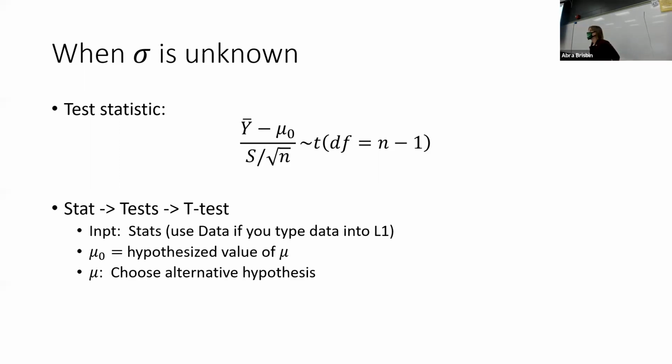So to do this on your calculator, you can go to stat and then tests and then t-test. And generally, you're going to use input equal to stats. If you had the raw data and you wanted to type that into list L1 on your calculator, then you could use input data instead.